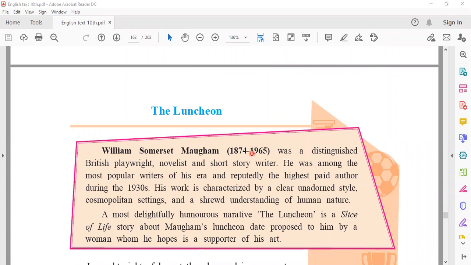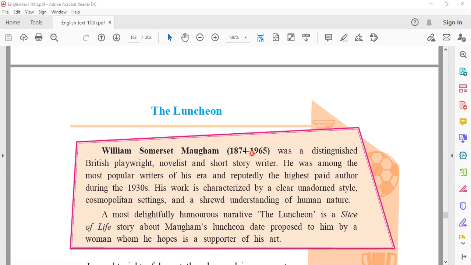He was among the most popular writers of his era and reputedly the highest paid author during the 1930s. His work is characterized by a clear, unadorned style, unadorned meaning plain, that which doesn't have much decoration, cosmopolitan settings, and a shrewd understanding of human behavior. He has a sharp understanding of human nature.